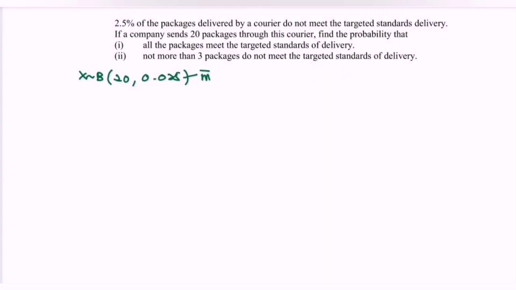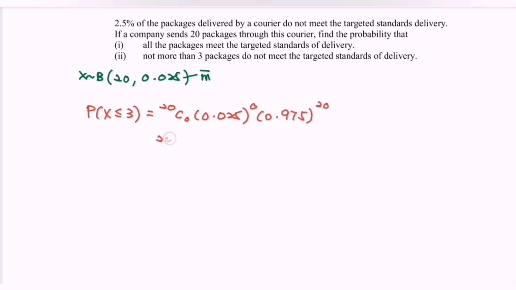Number 2, not more than. So the probability that X is less than or equal to 3 do not meet the target. So that will be the question. By referring to the situation, we have to find 20C0, 0.025 to the power of 0, 0.975 to the power of 20.